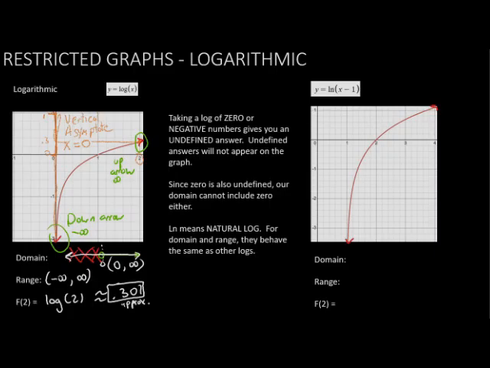For our domain, we'll start by locating our asymptote. We can see that there is a wall the function appears not to pass at x equals 1. That will be our vertical asymptote. When we write our domain, we'll indicate that the asymptote is at 1. We'll put an open circle on 1.